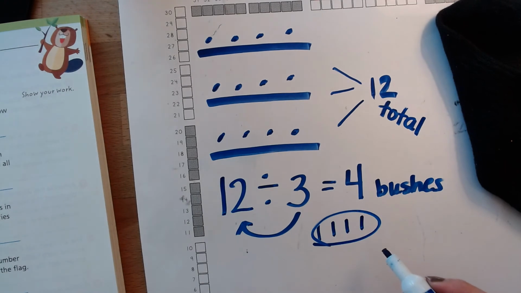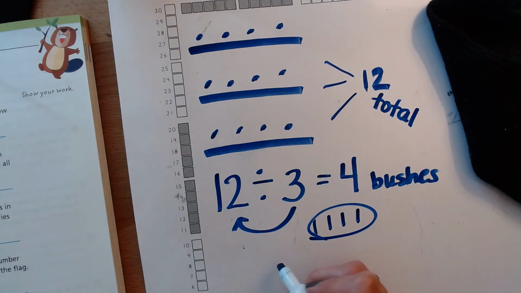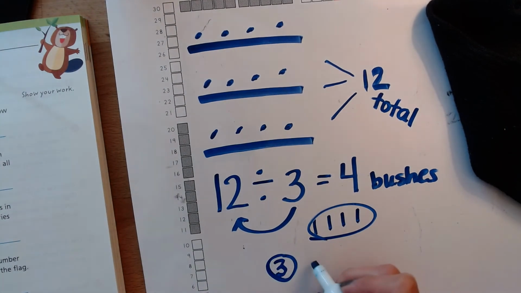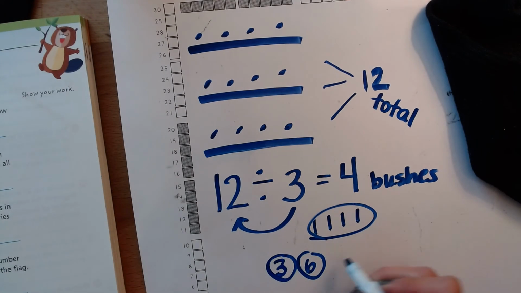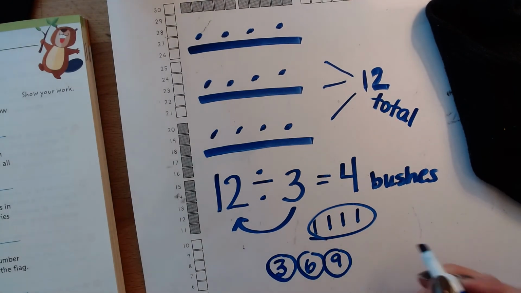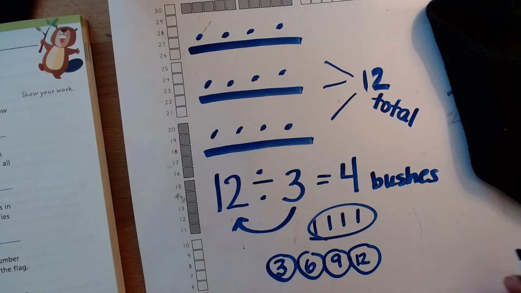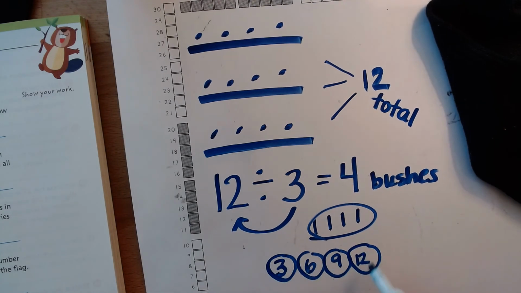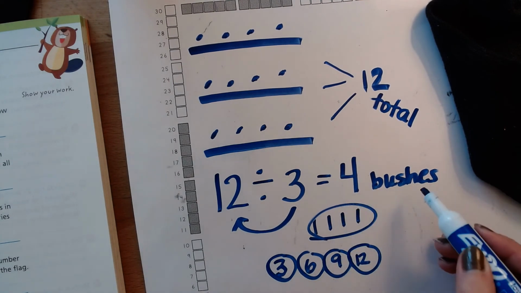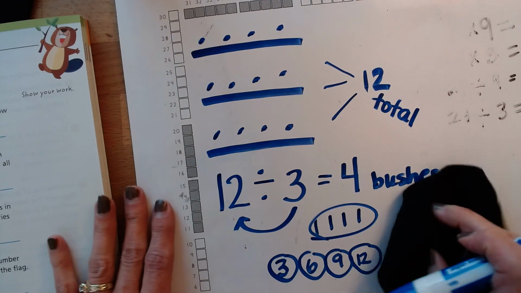I did that 4 times. I could also write my multiples down. 3, 6, 9, and 12. Count those. 4 groups, 4 bushes.